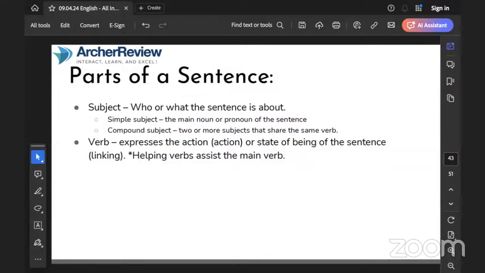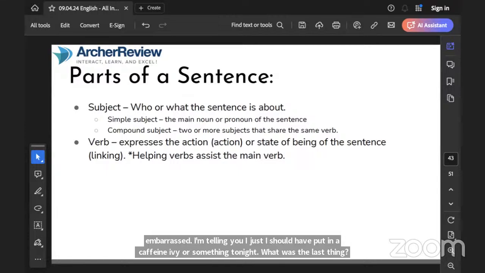You know what? You can't hear anything. I don't know. I think I must accidentally click my mute button. I've just been sitting here talking and talking and talking, and I had my mute on. Oh my goodness. So embarrassed. I'm telling y'all, I should have put in a caffeine IV or something tonight. What was the last thing? No, you didn't. It was me. I'm just falling all to pieces tonight. I'm so sorry, y'all.